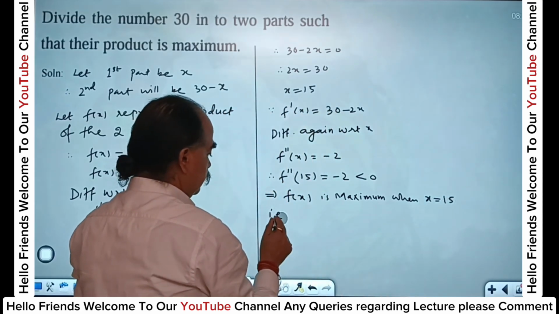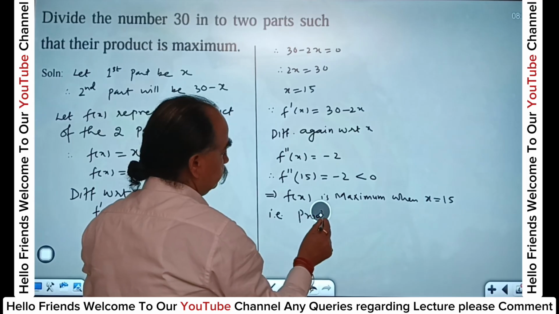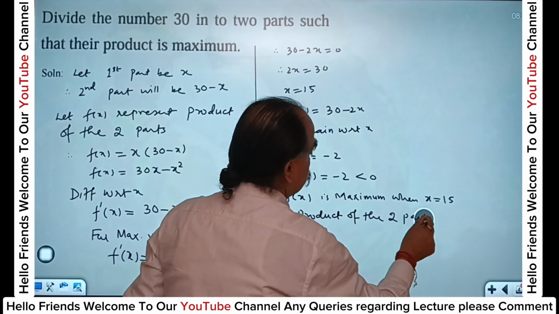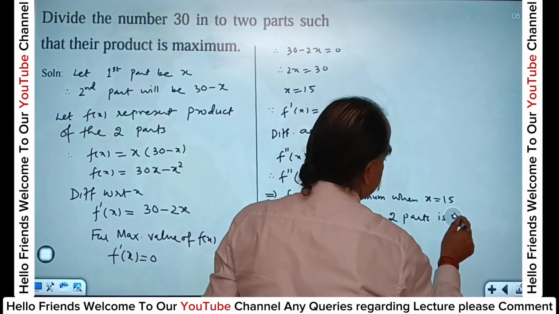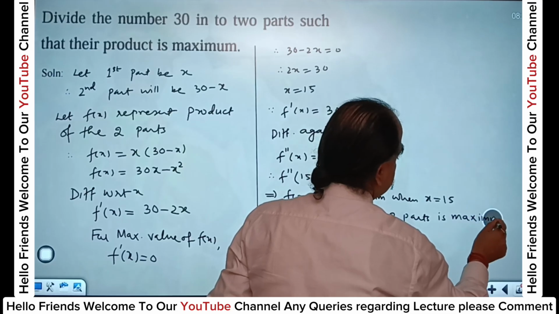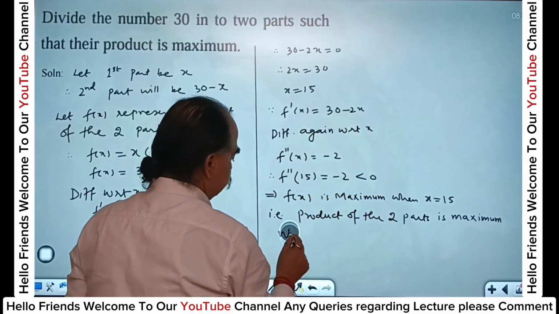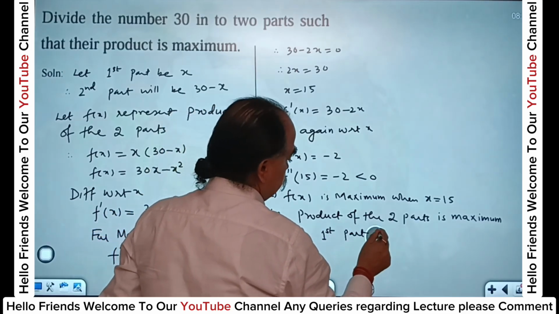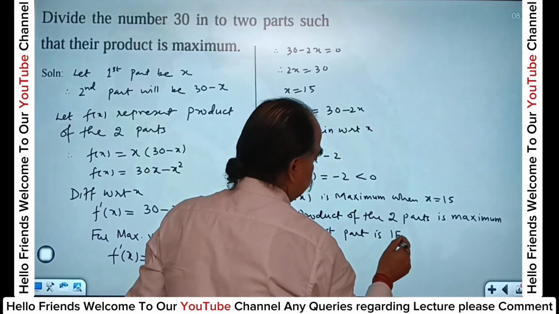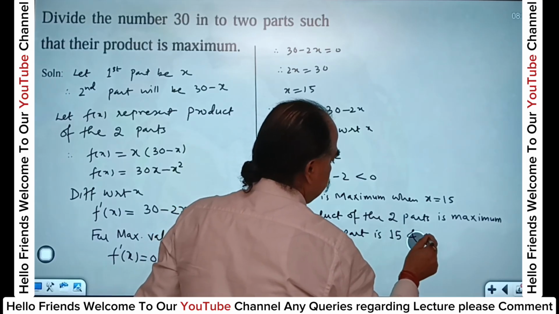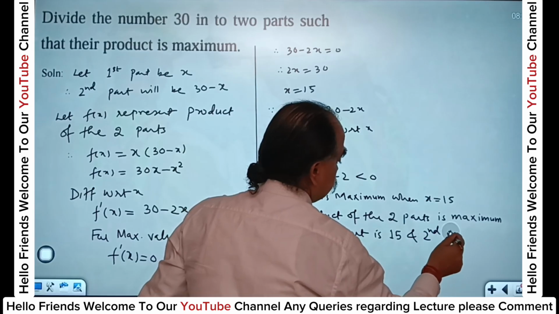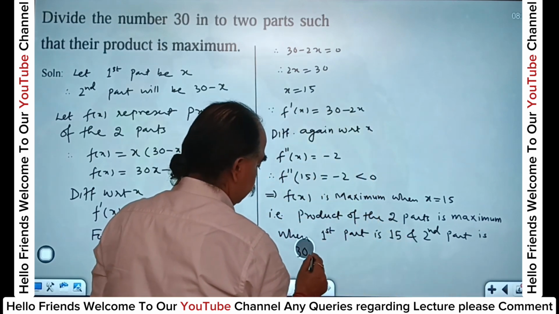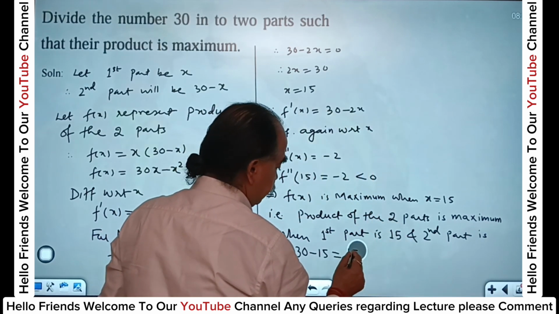That is, product of the two parts is maximum when first part is 15 and second part is 30 minus 15 is equal to 15.